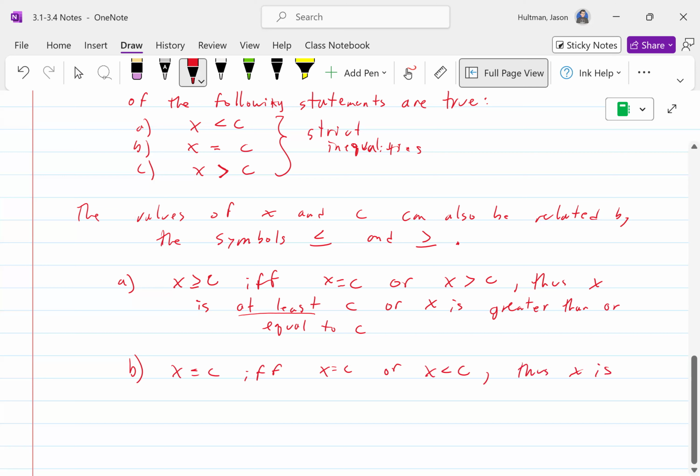Thus, x is at most c, or x is less than or equal to c.